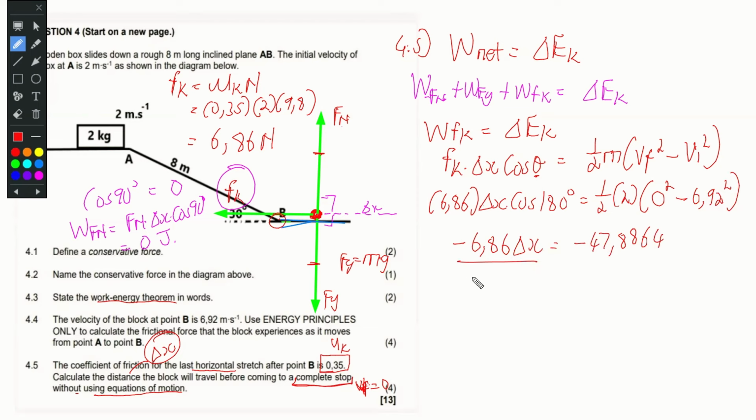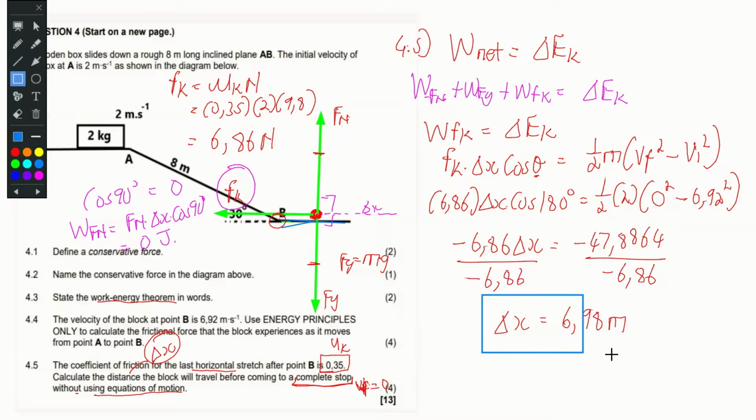And we can divide both sides by negative 6.86. Then your delta x is what? Divide that by negative 6.86. Then we have our delta x would be 6.98 meters. Hallelujah. Amen.